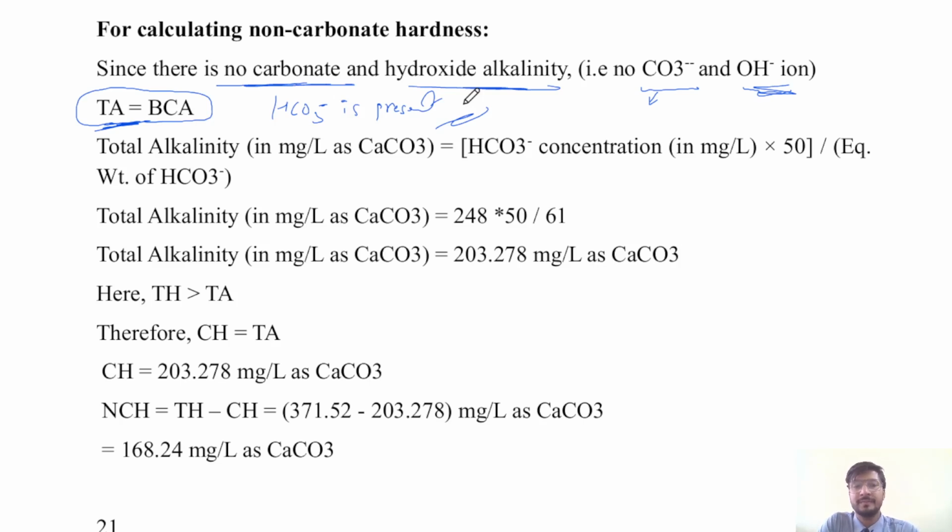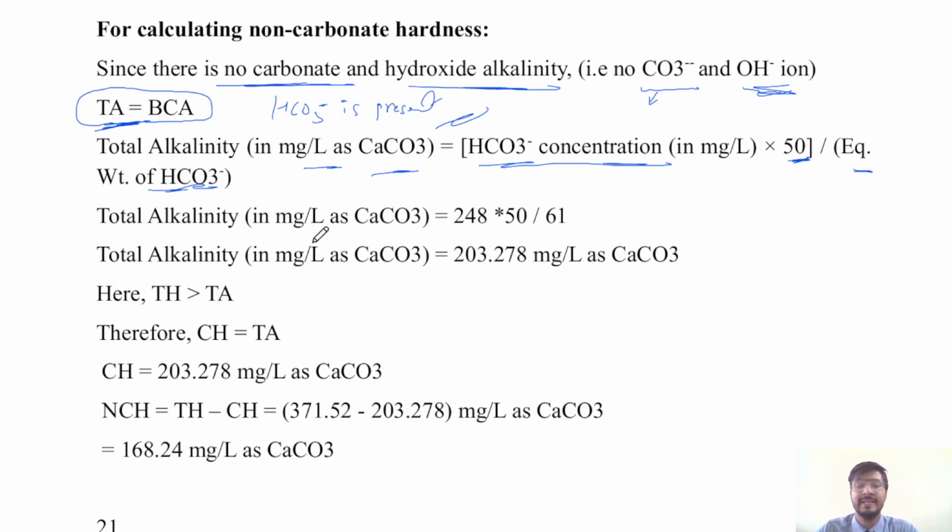So the total alkalinity is equal to bicarbonate alkalinity only. The total alkalinity in milligram per liter as CaCO3 is equal to HCO3 minus concentration times the equivalent weight of CaCO3 divided by the equivalent weight of the ion, that means the equivalent weight of HCO3 minus.